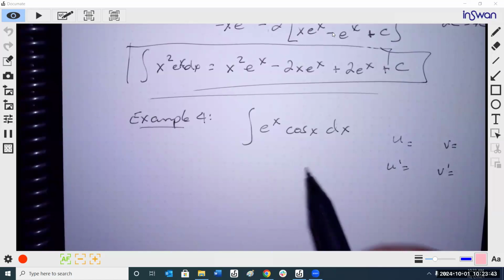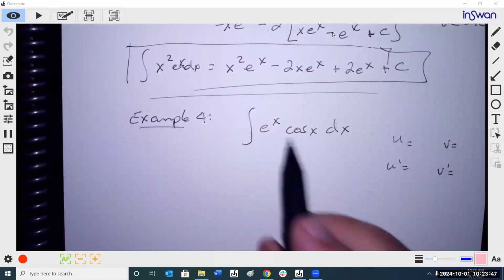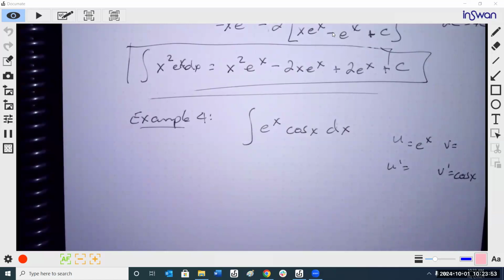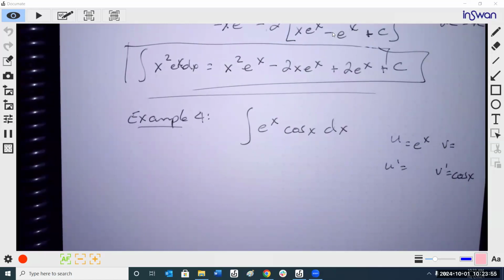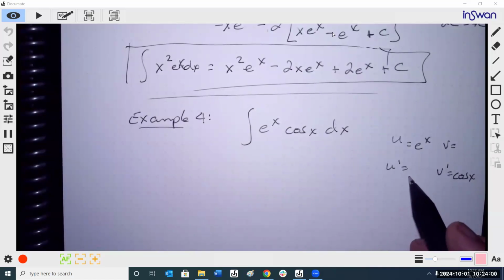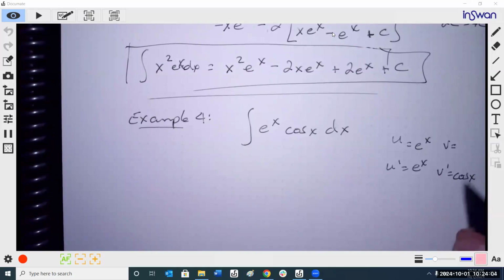Now, if you notice, both of these go on forever and ever. So let's label these. Would it matter? We'll find out in a minute. If e to the x was my u, then my u prime would be e to the x. The integral of cosine is sine.